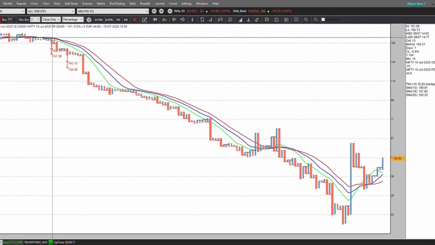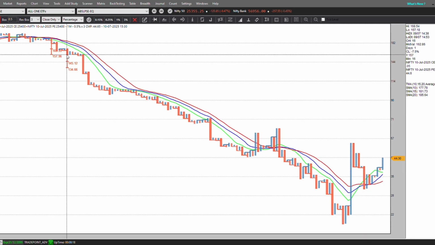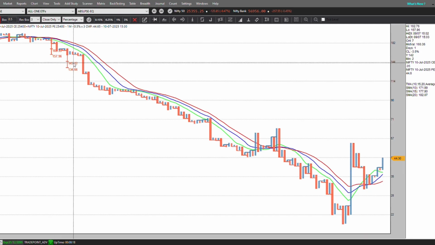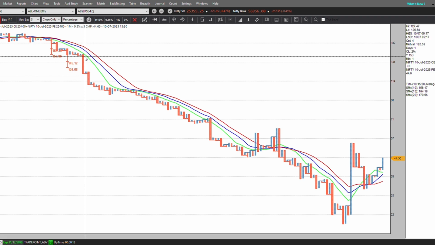I have sold call and puts of 25,400 with combined premiums of 190. Here we got a bearish anchor column, so I will open multiple counts. Again, we got counts of 145 and 134. Both counts were achieved, and we got a larger bearish anchor column.